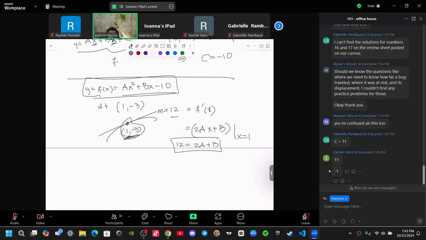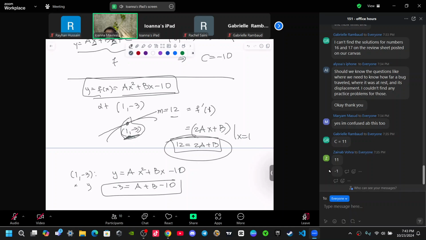So it satisfies this equation. So I can plug it in. x equal this, y is equal to that. Right? So we have a plus b minus that. So here's an equation, here's another equation. If you work slowly, we can find a and b. And you already have c.